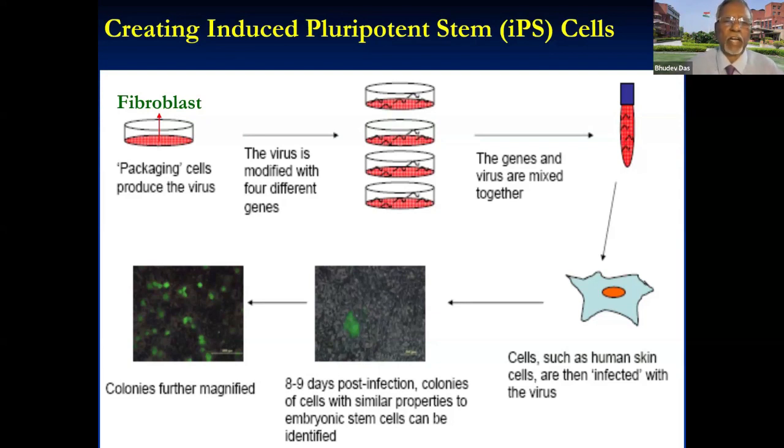This virus is modified with the four different genes, the transcription factors, and then the cells are infected with this virus. In 8 to 10 days, post-infection, colonies of cells with properties similar to embryonic stem cells can be identified.